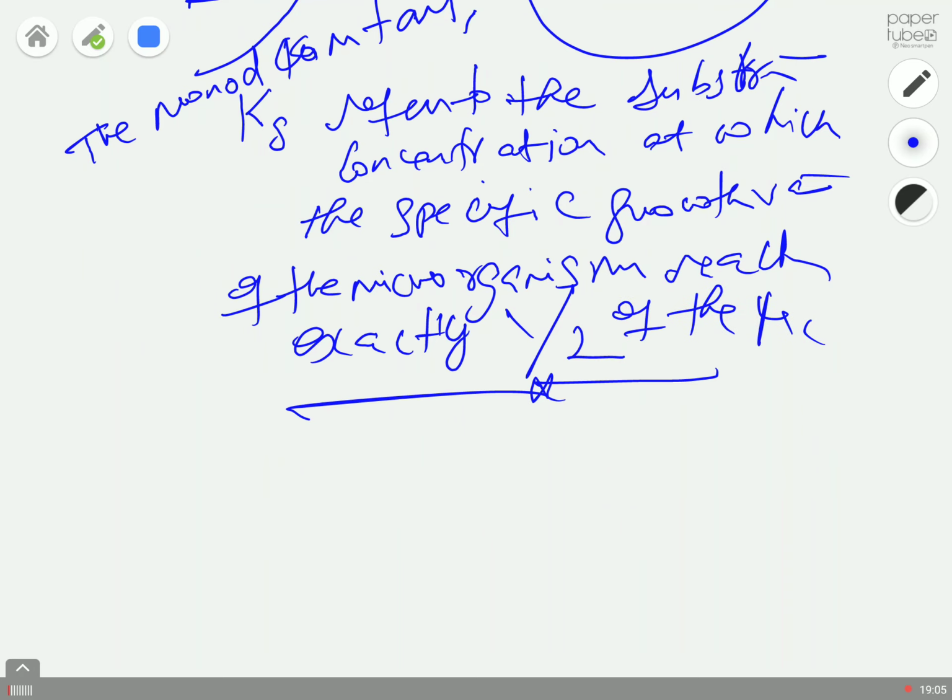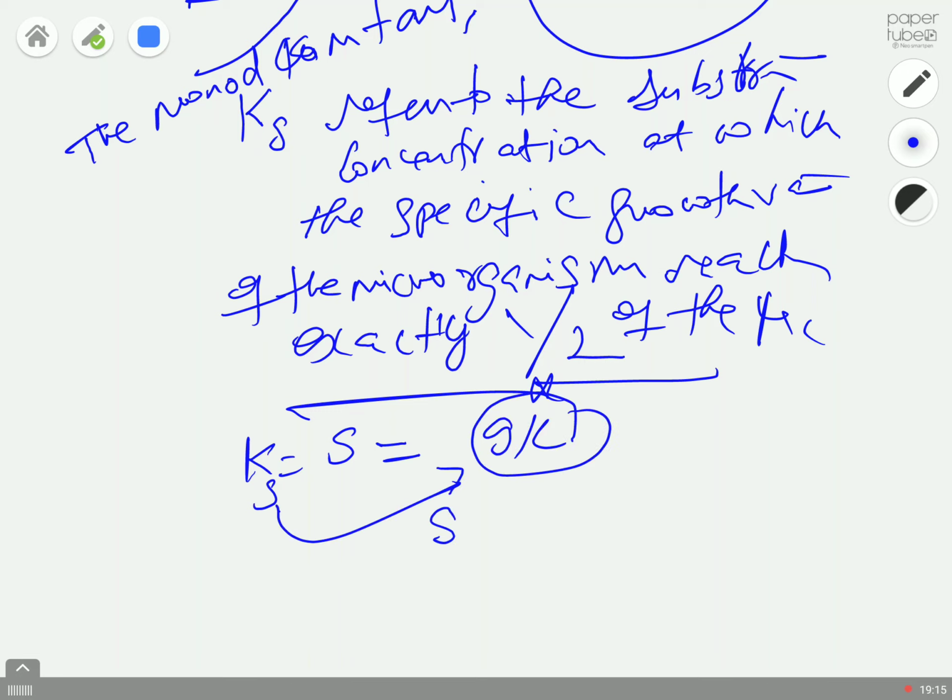So which means you know the unit. Ks is equal to your substrate concentration, so the unit of Ks is grams per liter. If you express your substrate concentration in grams per liter, Ks will be expressed in grams per liter.